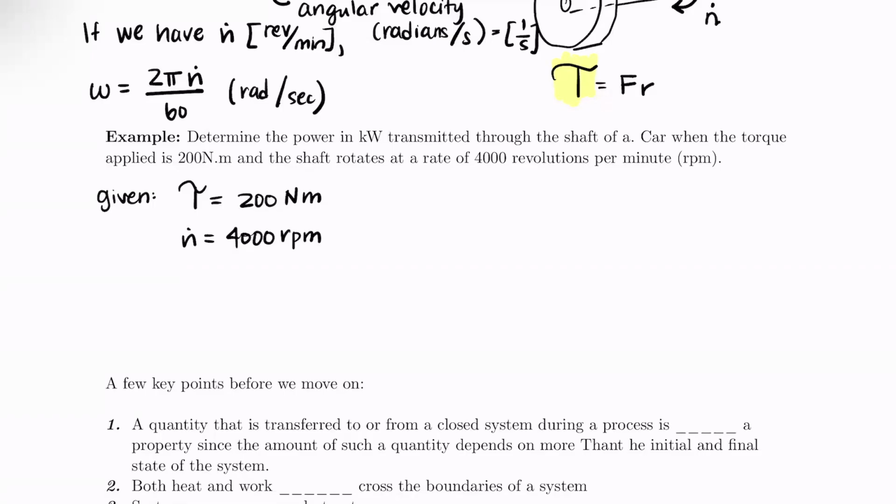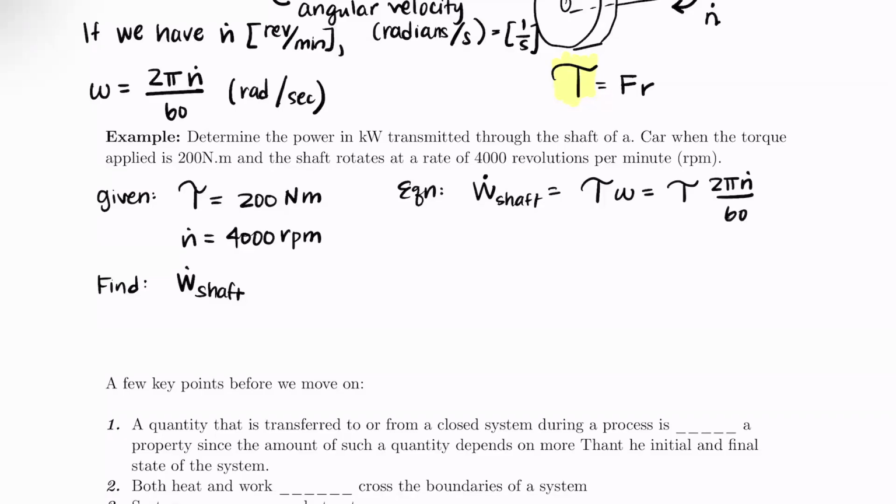All right, and we want to find W dot shaft, right? So our equation that we're going to use is that W dot shaft is equal to torque times omega, or torque times 2 pi n dot over 60.